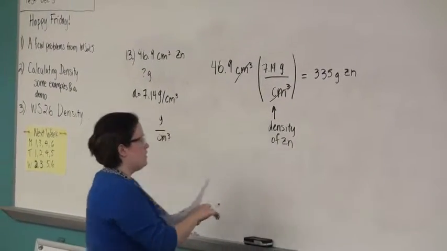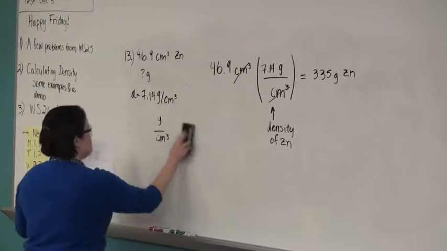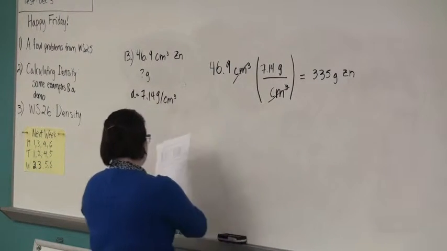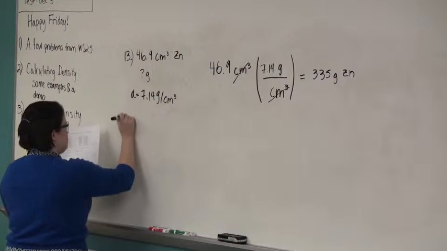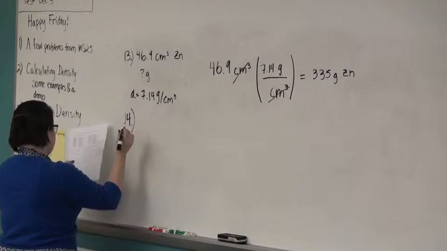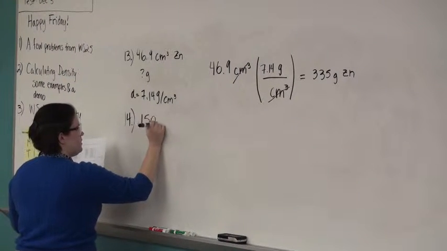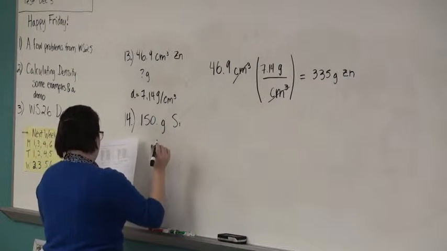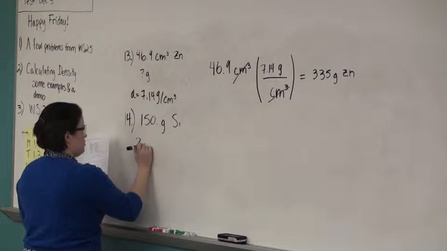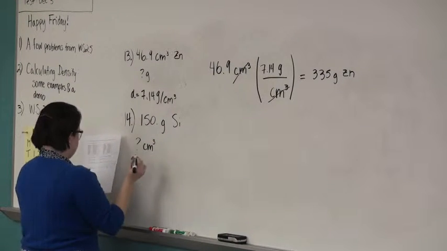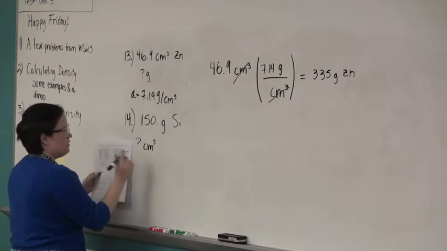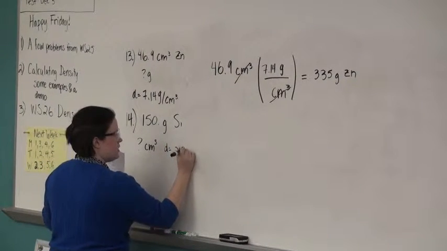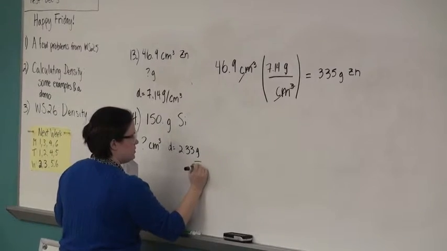Okay. So now let's look at doing these conversions going the other way. So number 14, I know that I have 150 grams of silicon, and I want to know how many cubic centimeters that is. So if I look up at the table, the density of silicon equals 2.33 grams per cubic centimeter.